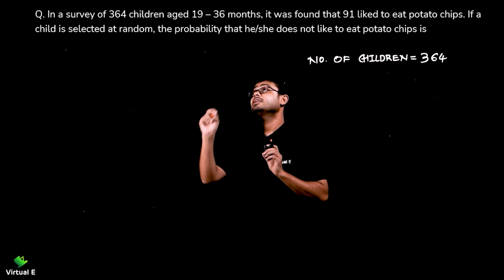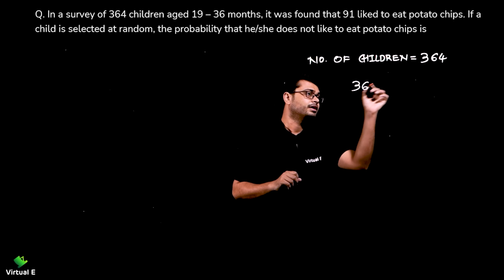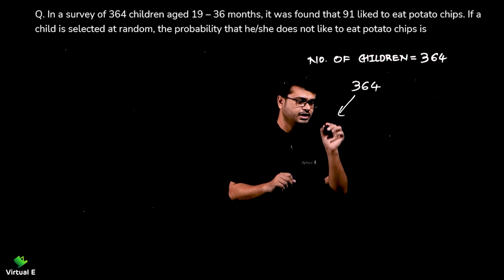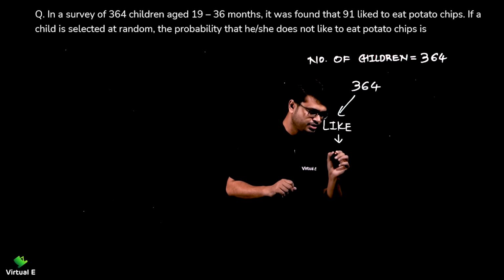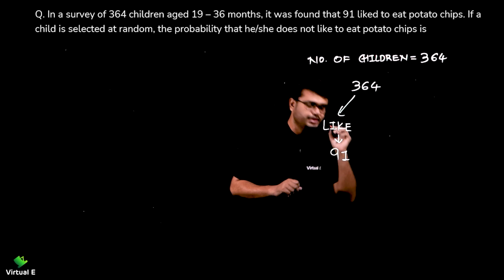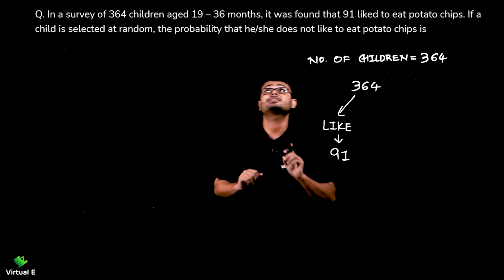And 91 like to eat chips. So let's write here 364, and let's write those who like to eat chips are 91, right? This information is given and we have taken it from the question itself.